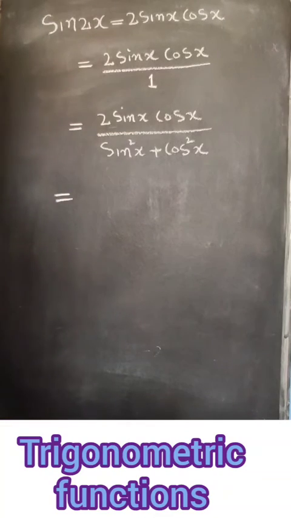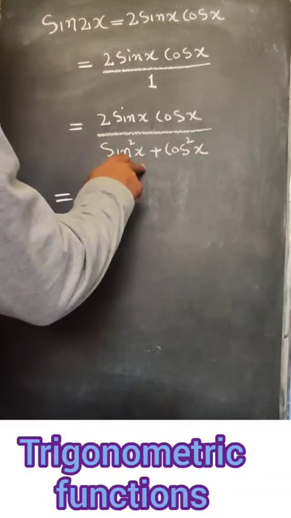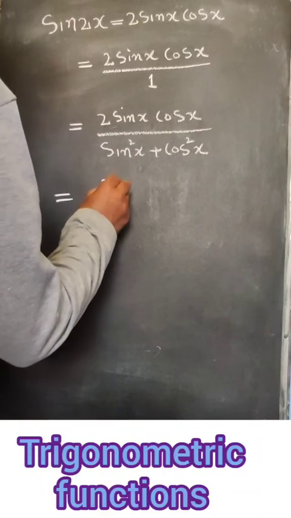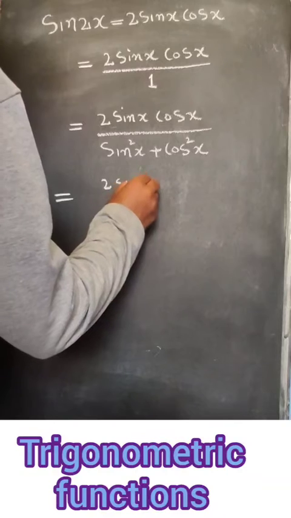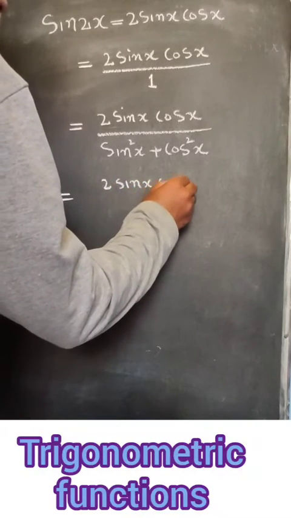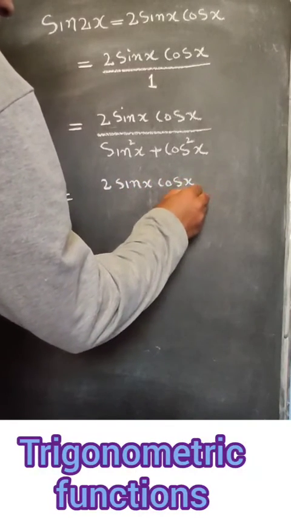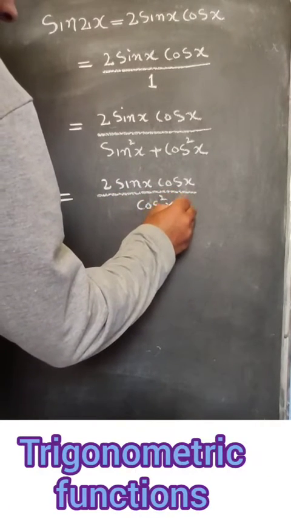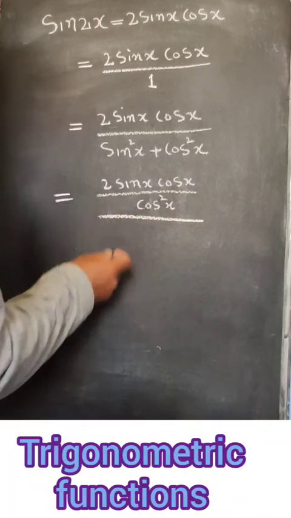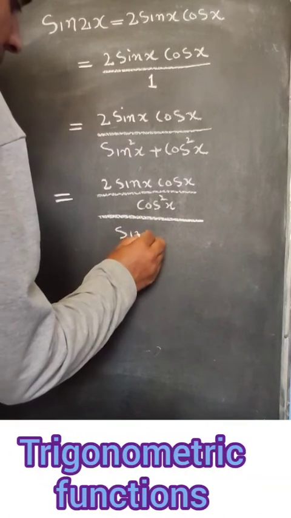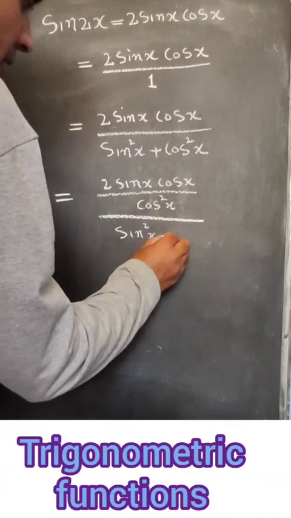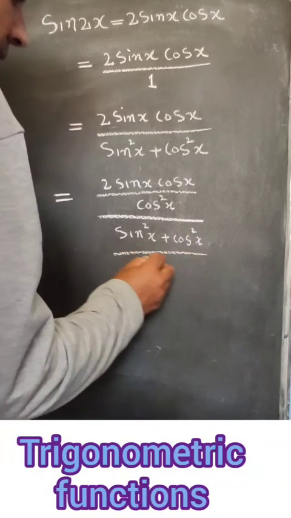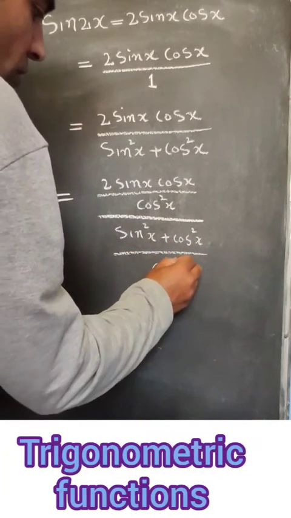Now divide both numerator and denominator by cos square x. We get twice sine x cos x divided by cos square x whole divided by sine square x plus cos square x divided by cos square x.